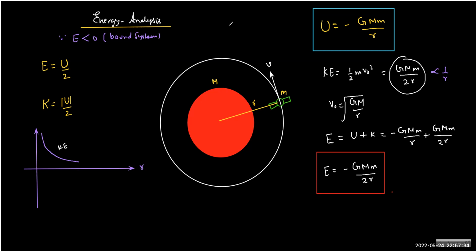Now I need to plot two separate graphs, both negative. So which graph represents what? Both negative means one must be potential and the other must be total.